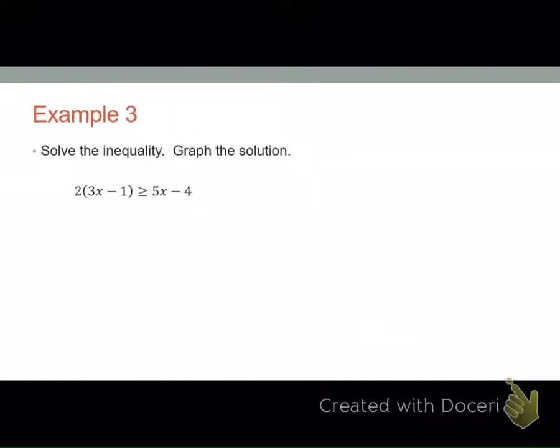All right, solve this inequality. Riley, what would you do first? Work with the parentheses, so multiply 2 by 3x and also minus 2. Which is known as the distributive property, for your proofs when we get to that next week.